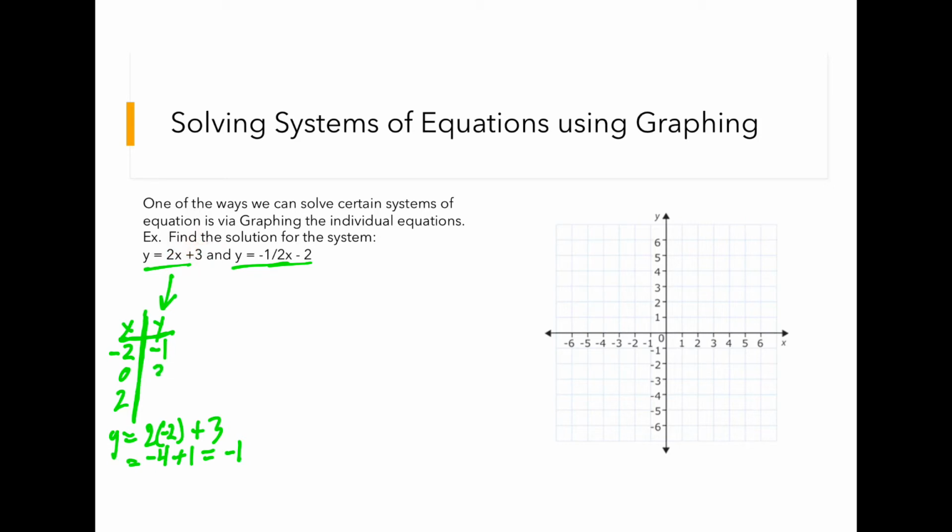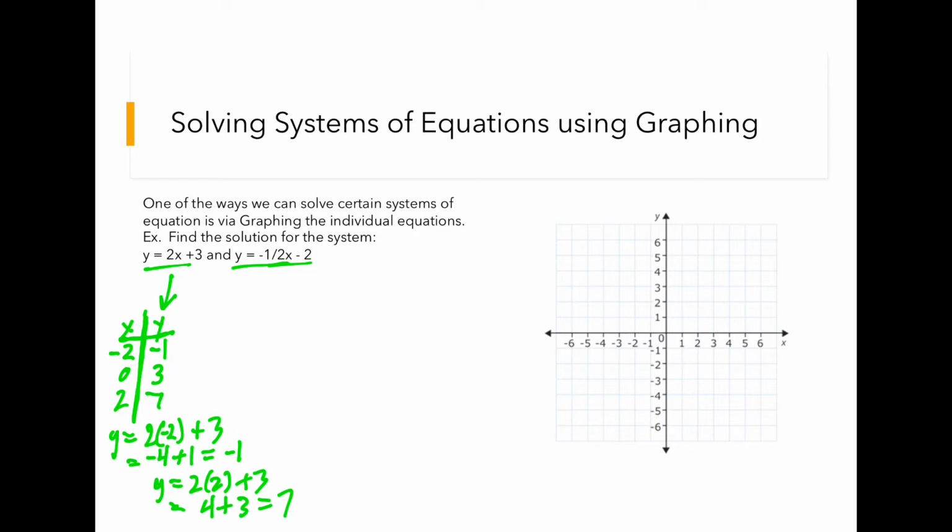So 0, 3 is another point. And I know that also because 3 is the y-intercept part there. And then if we have +2, that's y equal to 2 times +2 plus 3. So this is no longer -4, but rather +4 plus 3, which is going to give me 7.